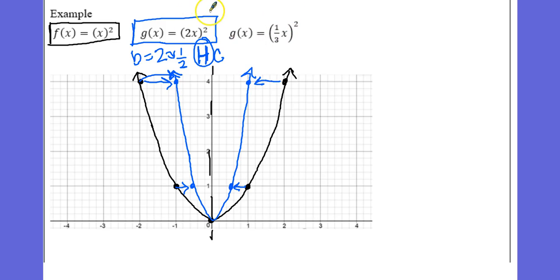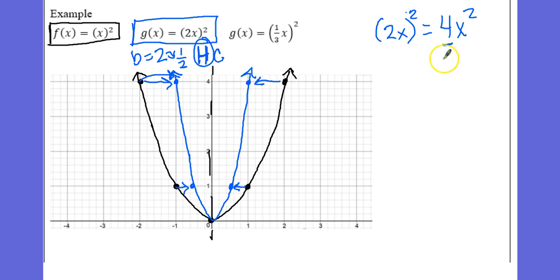Okay? I want you to imagine that I did follow the order of operations and I rewrote this equation. What happens if I square the 2 in 2x squared? What's 2 squared? Okay. Once I get rid of the parentheses, what is this? An A or a B?